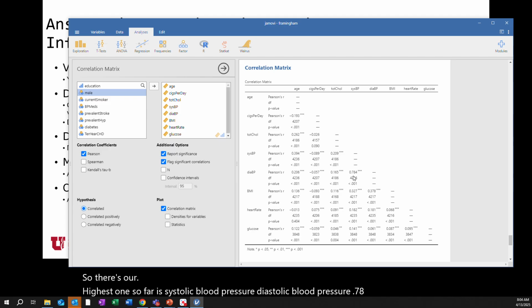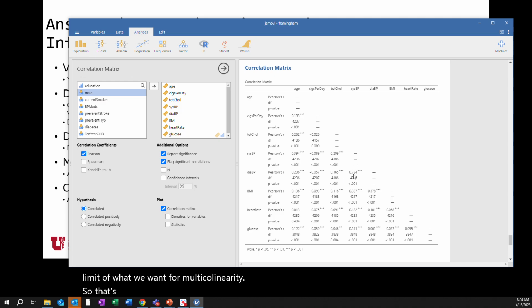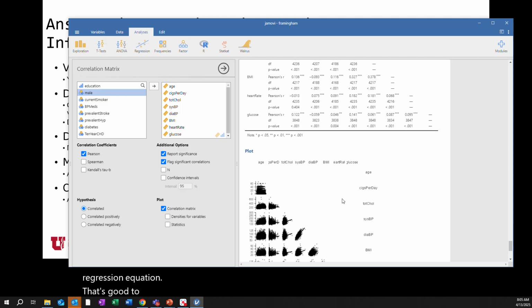That's pushing the limit of what we want for multicollinearity. So that'd be my one I'd be concerned about including both of those in a regression equation. That's good to note.